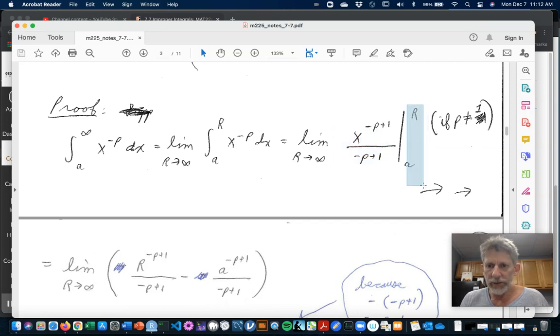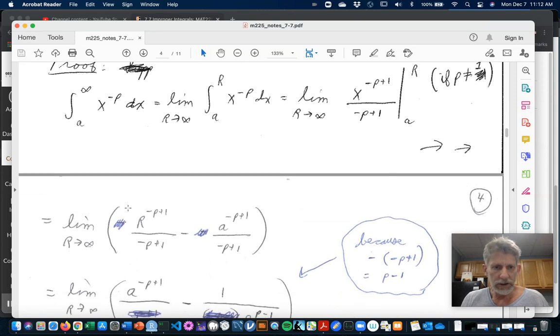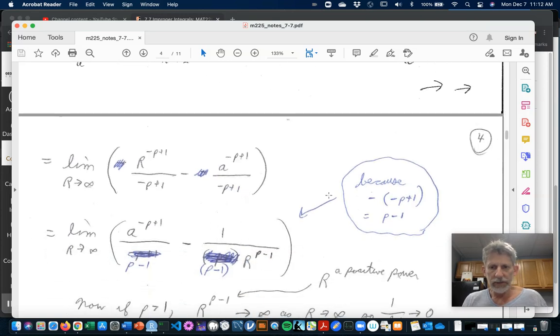Okay, and we'll evaluate between a and r. And so when we plug in r, we get this, and when we plug in a, we get this. And I think a little bit about these minus p plus 1s. The opposite of minus p plus 1 is p minus 1.